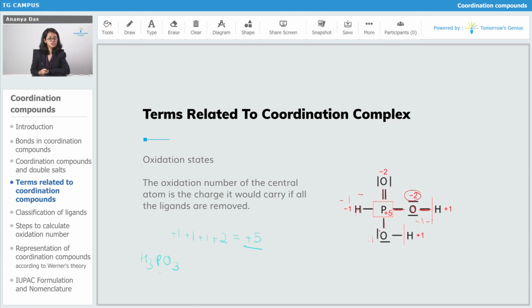Similarly, for this oxygen also, it takes away the electrons from this bond, which gives it a charge of -1, and it takes away the electrons from this bond also, because again oxygen is more electronegative than hydrogen, which gives it a -1 charge, and the total goes up to -2. So this is what the oxidation state of an element means.